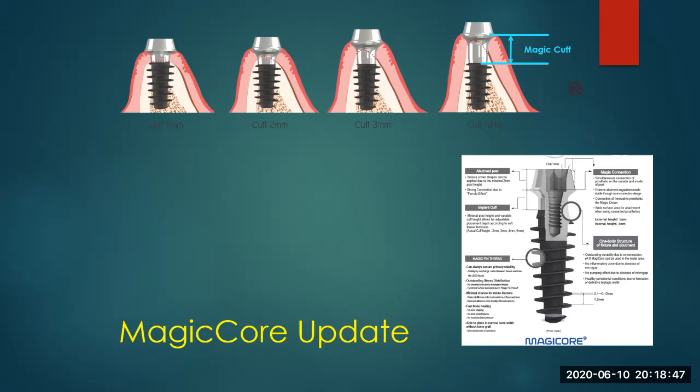With the use of different cuffs, I can utilize these lengths, so I will be able to deal with these differences in bone dimensions through all four directions of the dental implant. So this is one benefit.